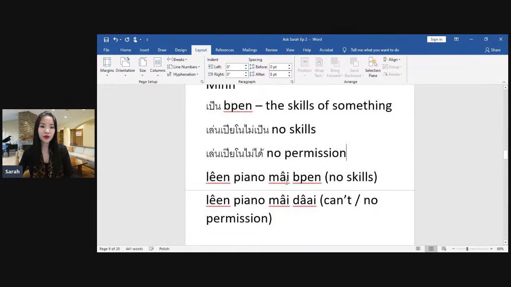Yeah, so if you say เล่นเปียโนไม่เป็น, no skills, like I don't know how to play. เล่นเปียโนไม่ได้, it could mean I don't know how to play or I don't have the permission to play right now.